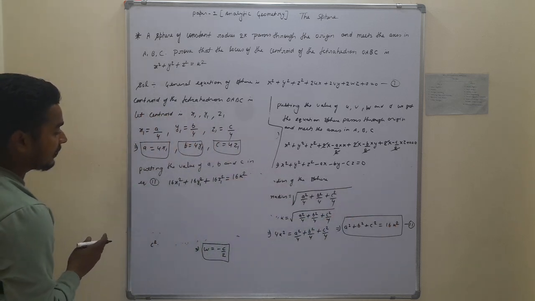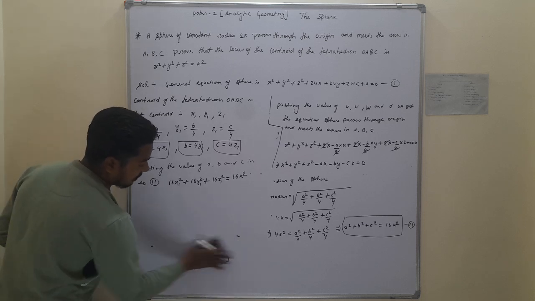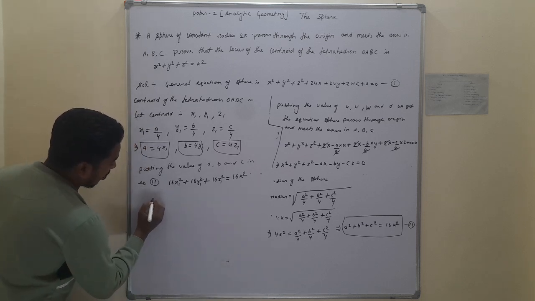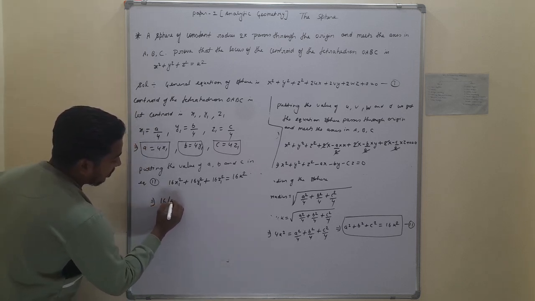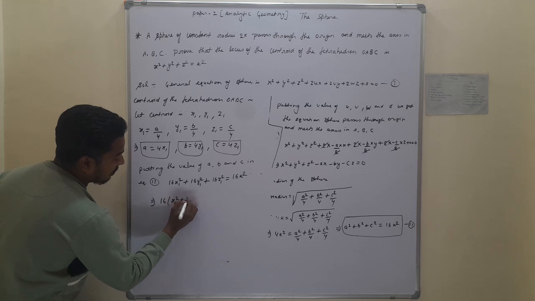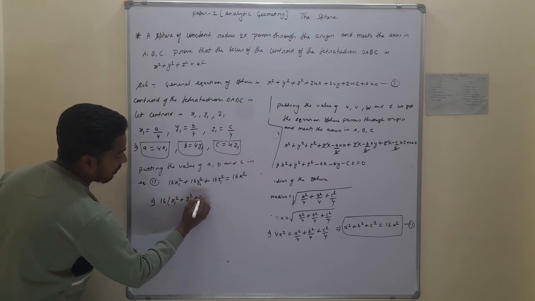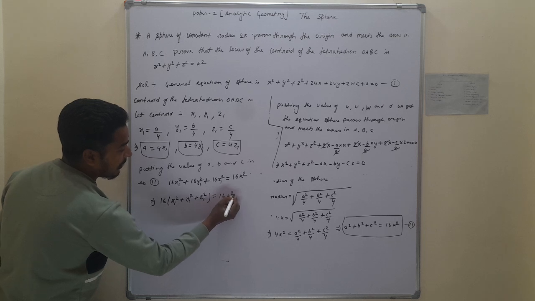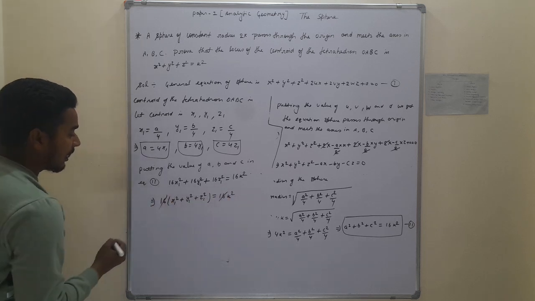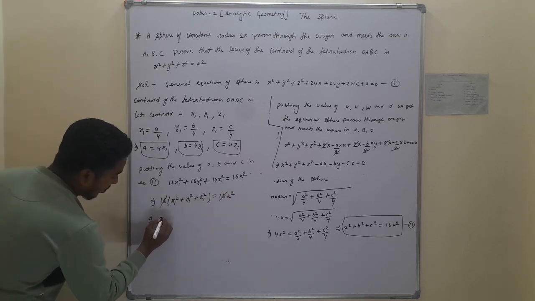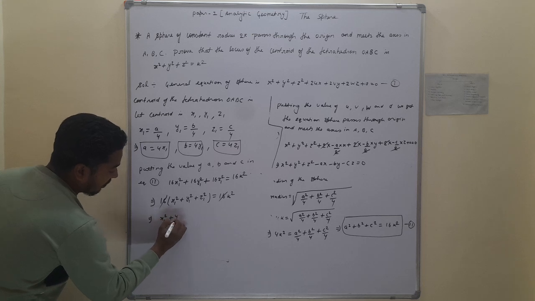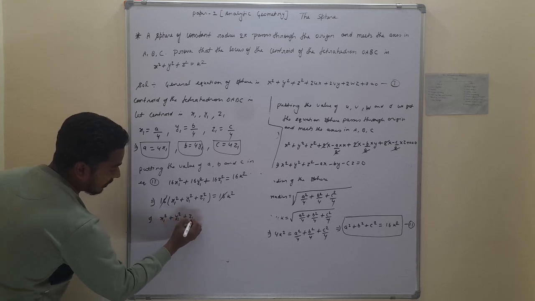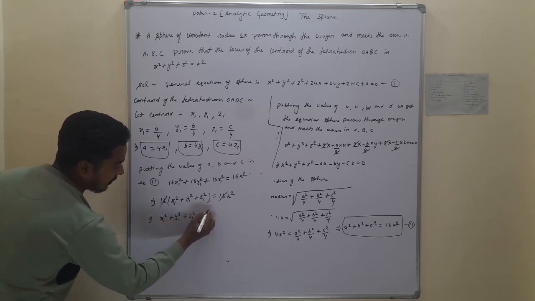And taking 16 common from the left hand side, we get x1 square plus y1 square plus z1 square is equal to 16k square. 16 to 16 is cancelled out. Here we get x1 square plus y1 square plus z1 square is equal to k square.